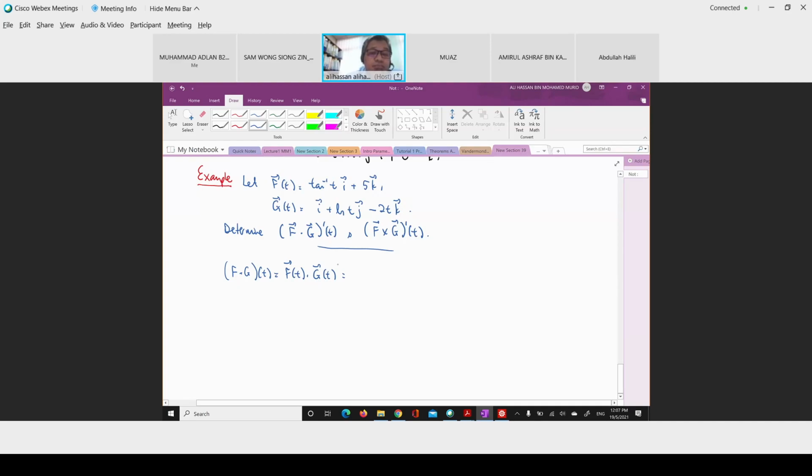So what is the dot product of F with G? It is inverse tangent t. Remember the dot product is a scalar. There's no vector j, so that term is 0, minus 10t. This is a scalar. Can you see that?